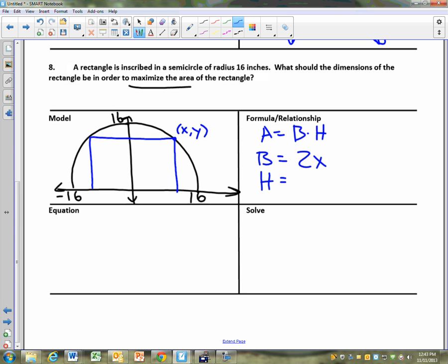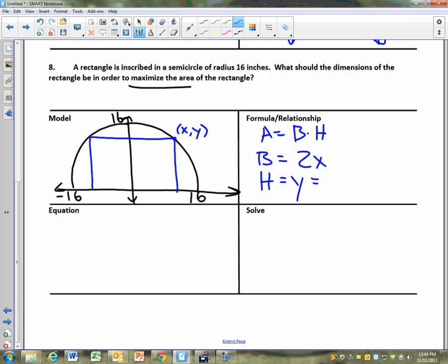Who's got height? Obviously, we need something more than y. Well, like this point right here, is this point more than 16 or less than 16? It's definitely lower than 16. 16 minus y. It's a good idea, but fortunately it doesn't work.